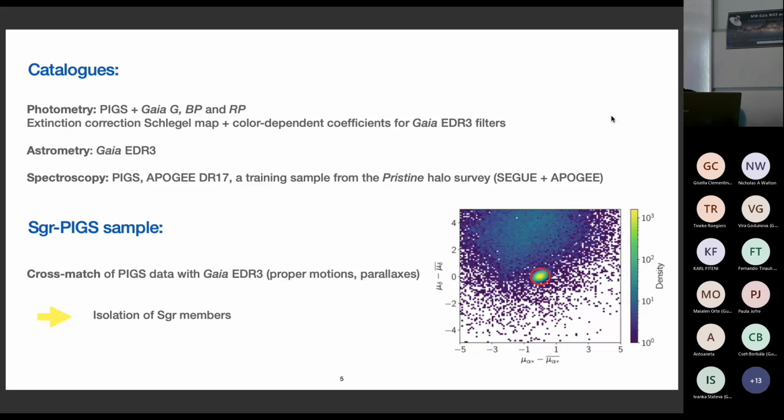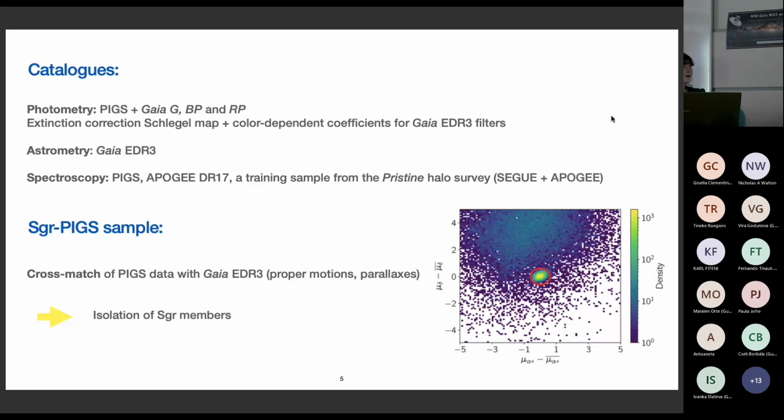For example, you can see the proper motion space where the Sagittarius overdensity is surrounded by the red circle. These are Gaia proper motions subtracted for the mean proper motion of Sagittarius. We then applied further cuts, and we cross-matched and always tried to anchor our results using spectroscopic data.